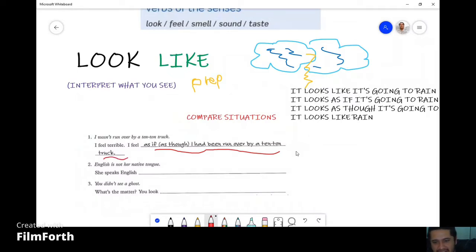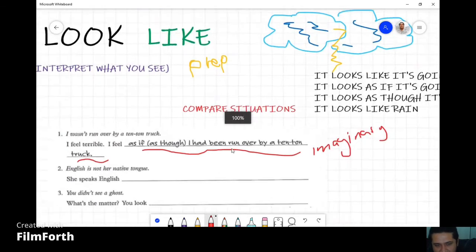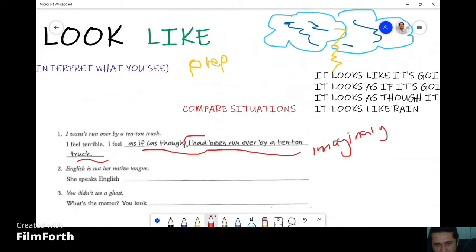This is a comparison, of course. This is an imaginary comparison. And if you analyze this sentence, you can see immediately that you recognize the second conditional here.